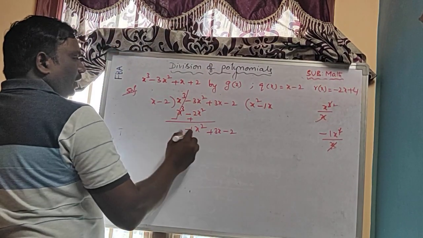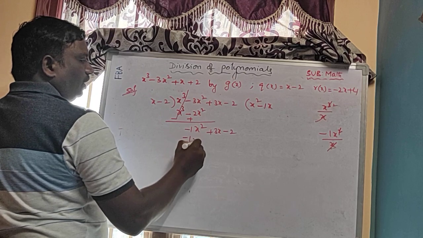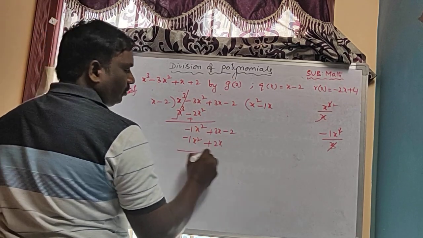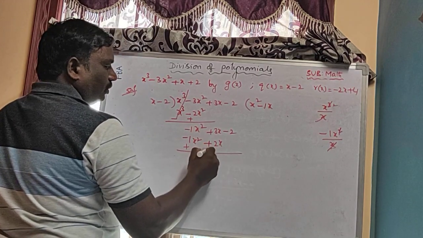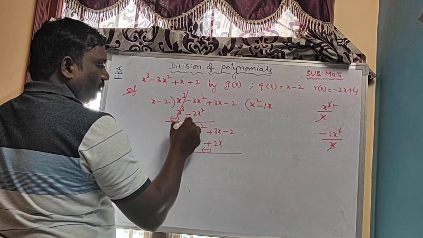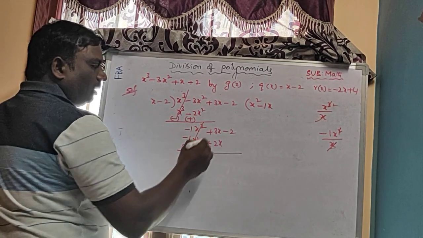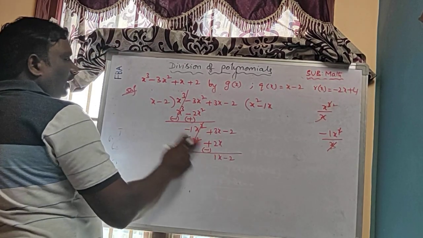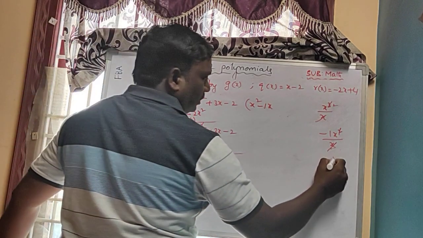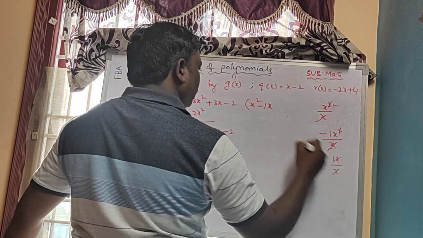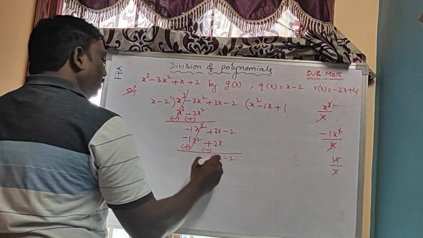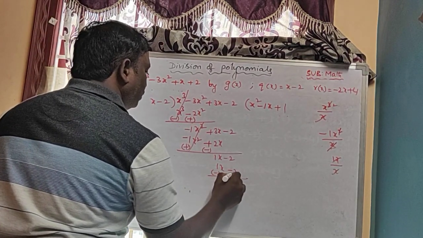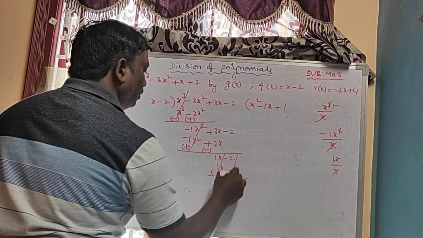So multiply here, minus into plus, minus 1x square, minus into minus, plus 2x. Change. Then both will cancel. 3 minus 2, 1x minus 2. Again 1x by x, plus 1. So 1x minus 2, minus plus, these two will cancel.